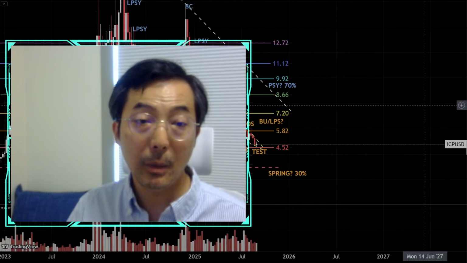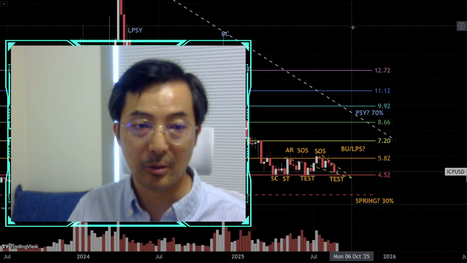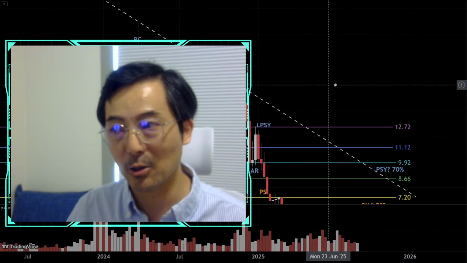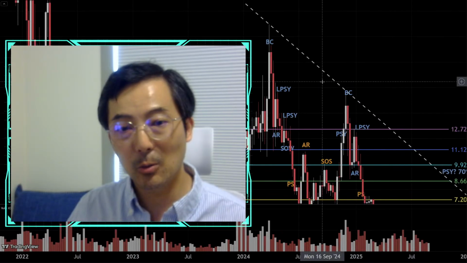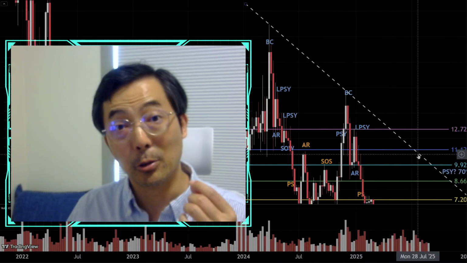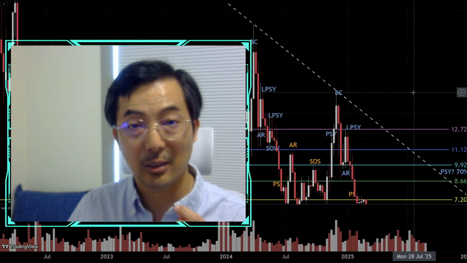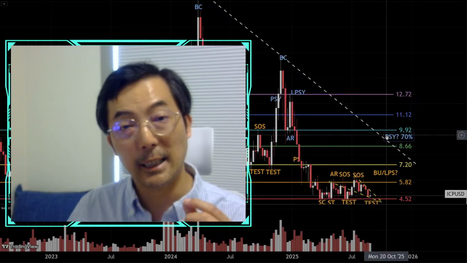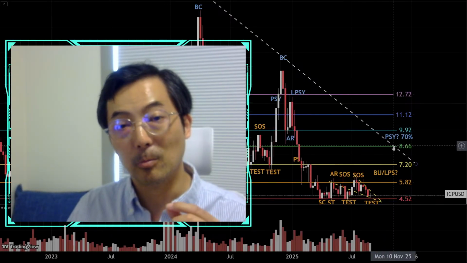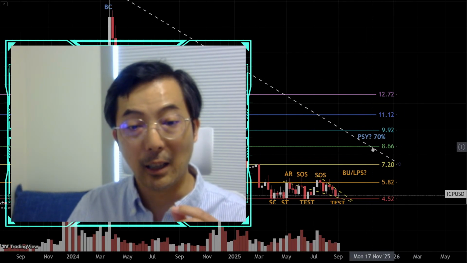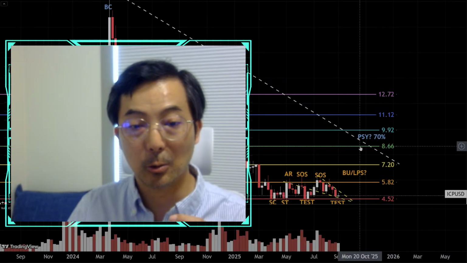And remember, this thing I mentioned from the very beginning, this white dashed line over here, we don't want to see the new distribution channel buying climax going lower than this if we hope ICP has long-term competitiveness. So that's somewhere around the green key level.